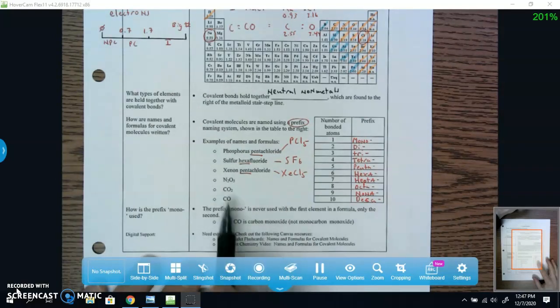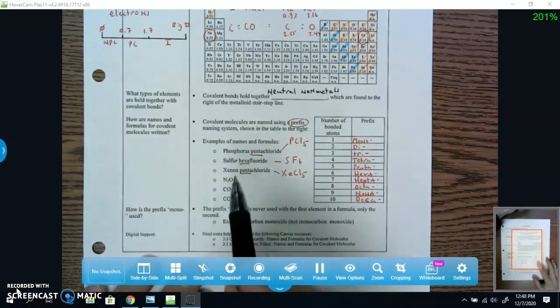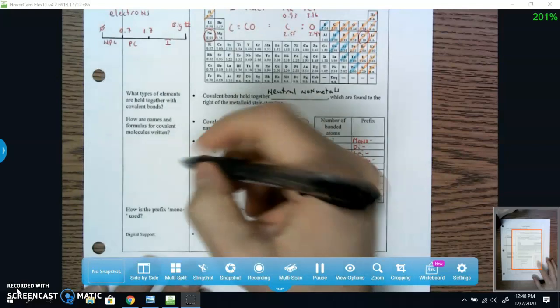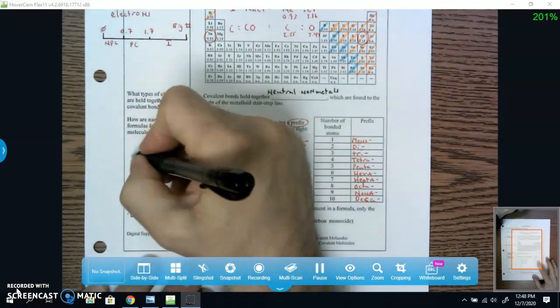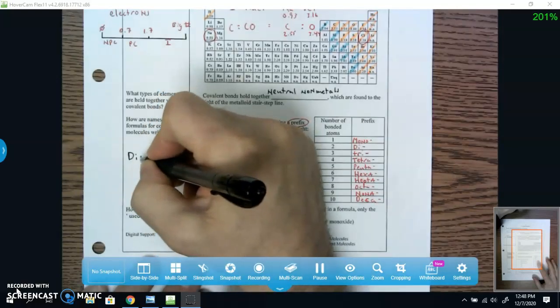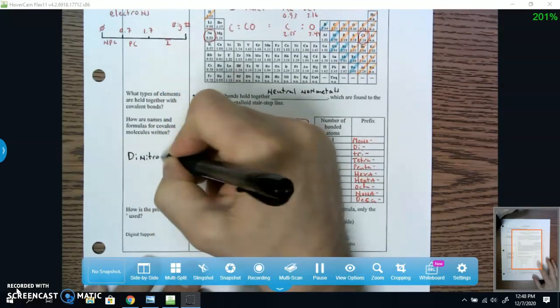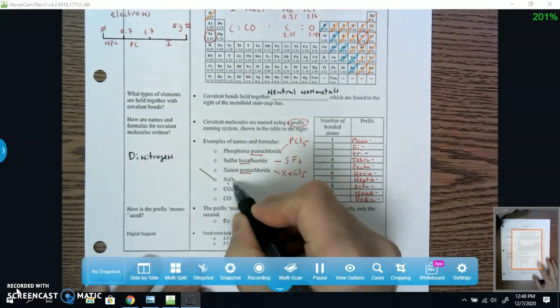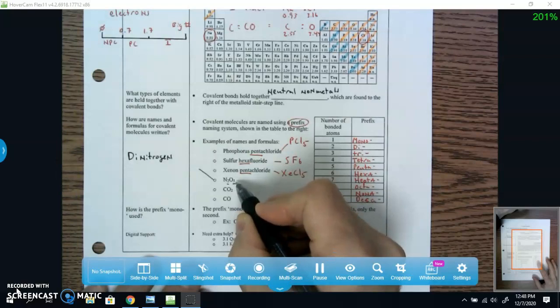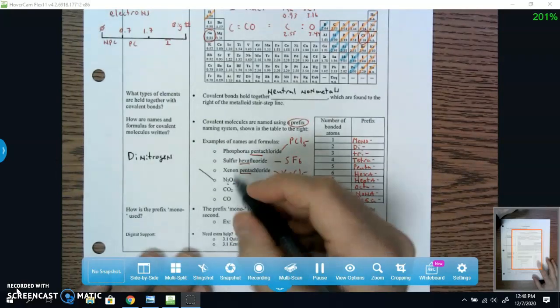All right, now we can go from formulas to names. N2O5 would be, the 2 is dinitrogen, and the 5 is attached to oxygen, so it's pentoxide.